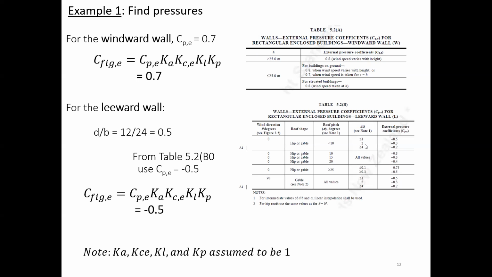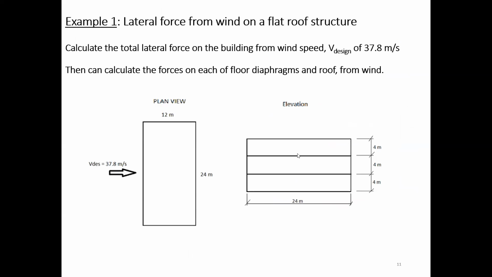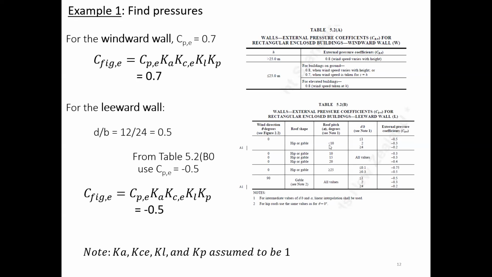So D over B is less than 1, so we're over here, and we've got a flat roof, so the pitch, this has made it easy for you, is less than 10. So we're just going to use negative 0.5 for our Cfig,e factor. So this equals negative 0.5.